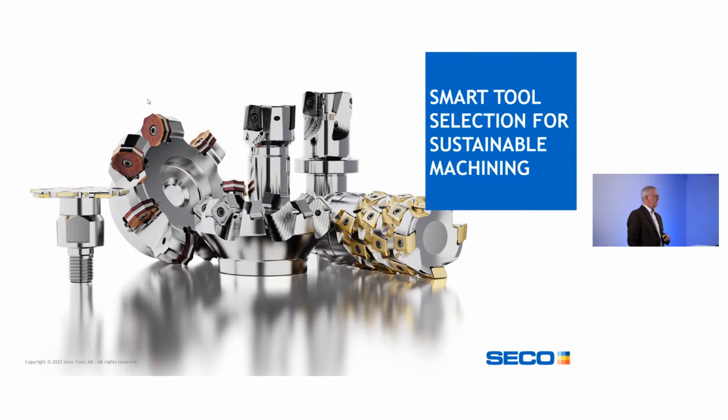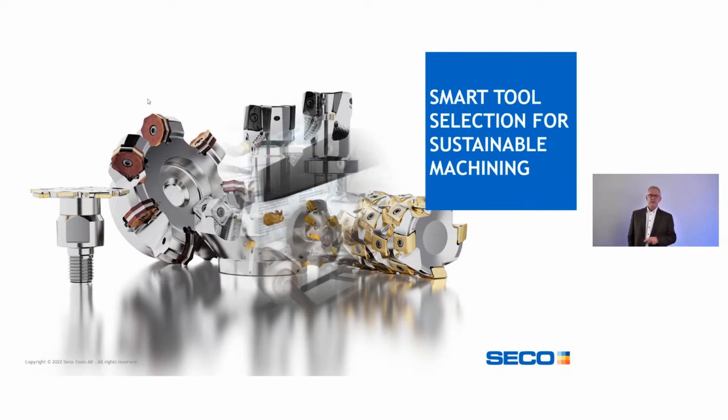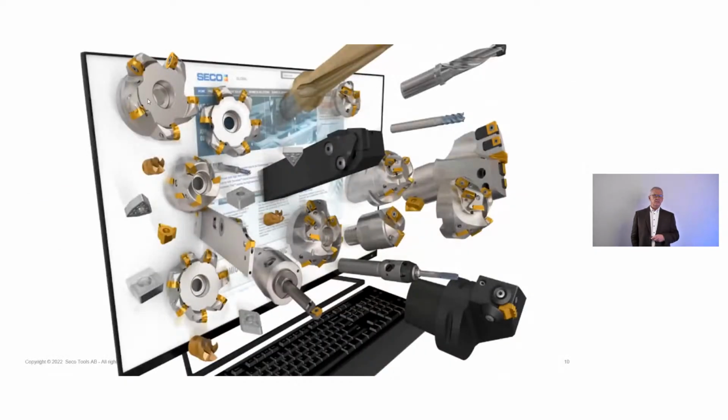Intelligent tool selection, so machining can be applied in a sustainable way. It does what it's supposed to do from an economical perspective, from a company sustainability perspective, whatever. And if we talk about selecting tools, let's first sketch what we are talking about.